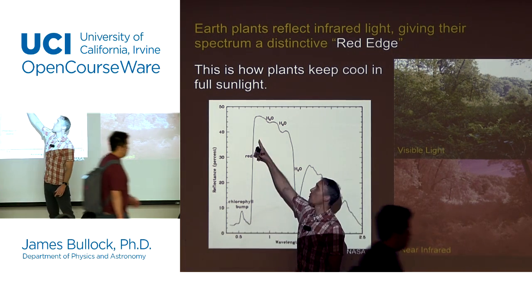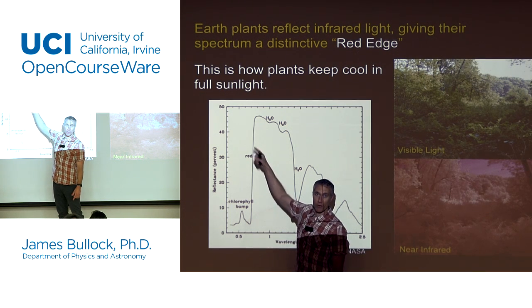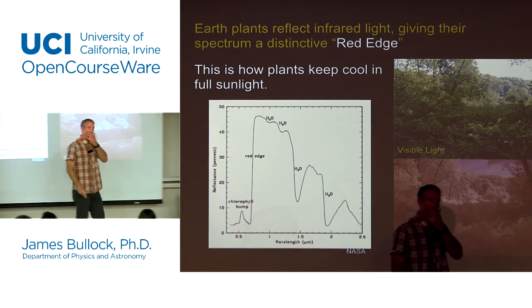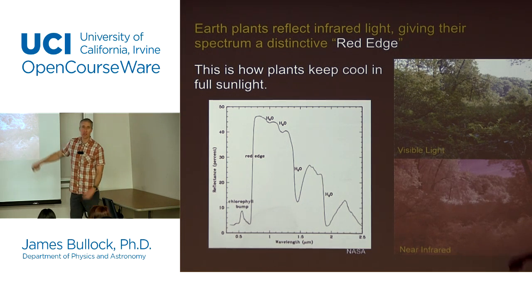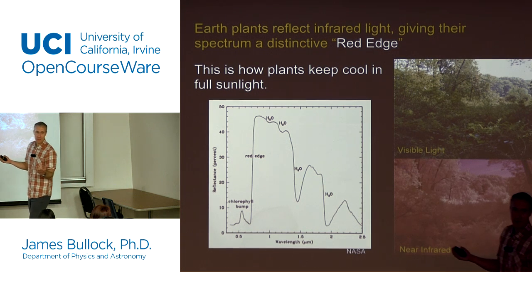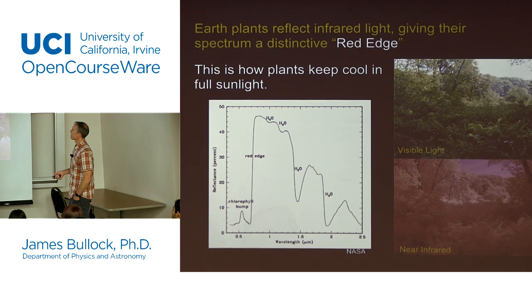But then there's a huge edge in the spectrum that's coming from reflected infrared light. So if you were to see this kind of feature in the spectrum of a planet, without actually even being able to take an image of the thing, this would be indicative of, for example, maybe a forest around this planet or covering this planet. Okay.